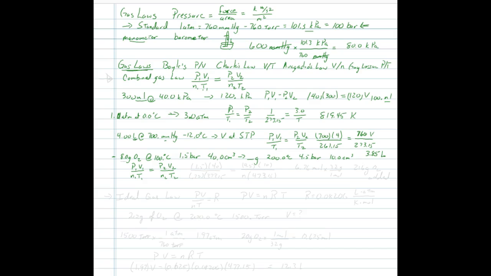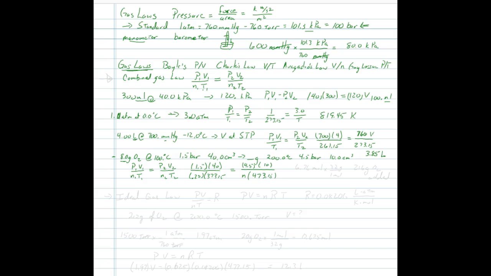The pressure is 1.5. The volume is 40. The number of moles is 0.25, so you've got to change 8 grams of O2 times 1 over 32, the molar mass, and you get a fourth, or 0.25, and 373.15 equals the new pressure, 4.5 bar, the new volume, 10, and the number of moles, over 473.15.